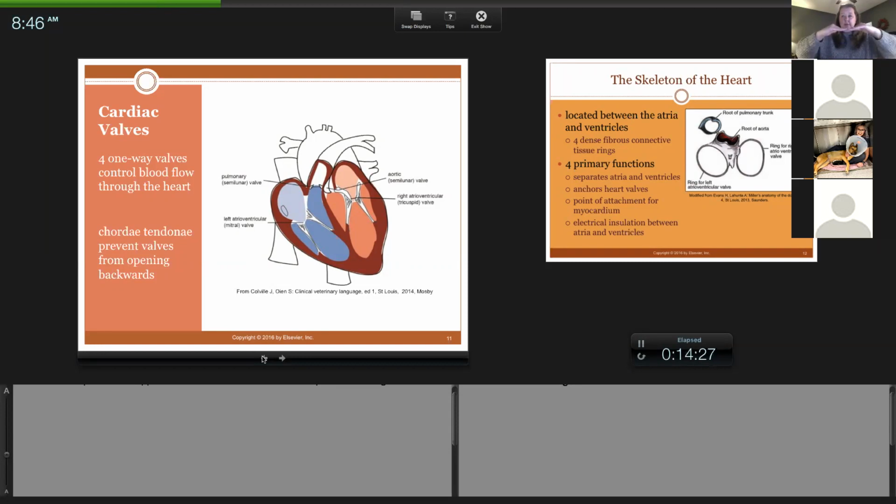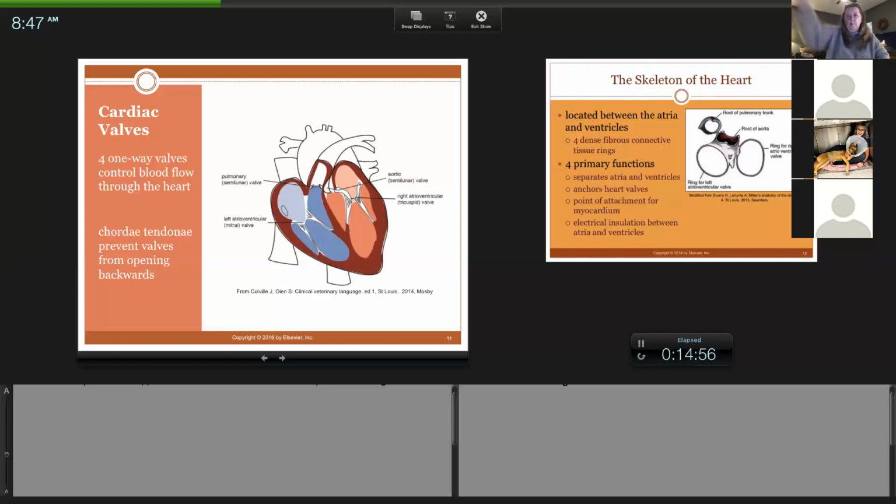Now, the chordae tendineae are sometimes called the heartstrings. They are found within the walls of the ventricle, and they hold on to or anchor the heart valves. Like I said, think about a gate in your yard, or a screen door that has a little spring.